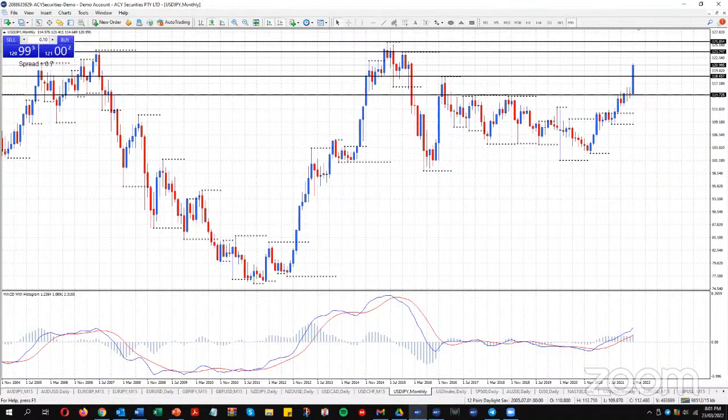I don't believe so. If you're clearly on a monthly level of support, price will be showing that it's at support on a daily, 4-hour or 1-hour chart. I would have to see the chart to be proved wrong.